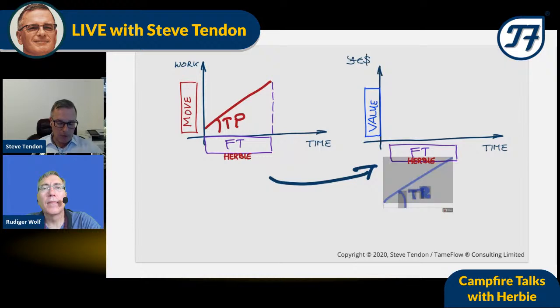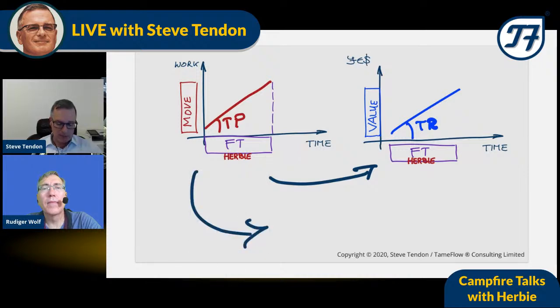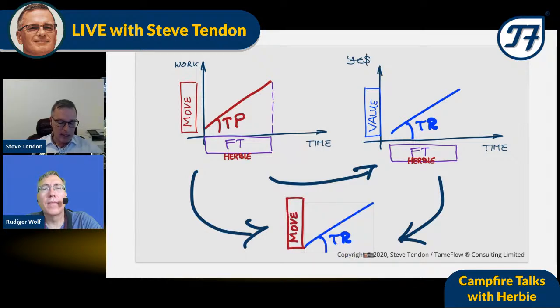And therefore, we can arrive at the throughput rate. So if we put together these two things, the move from the time forecast and the value that we use to derive the throughput rate, we have a move and we have a throughput rate. We do this for all moves that we have on our portfolio board, and the one with the highest throughput rate is the first one, and so on and so forth.